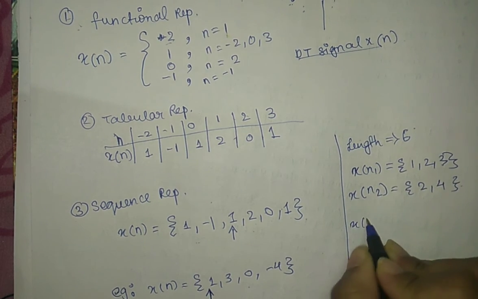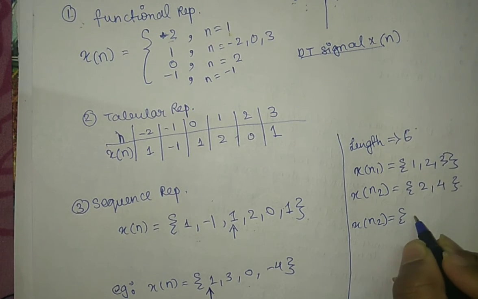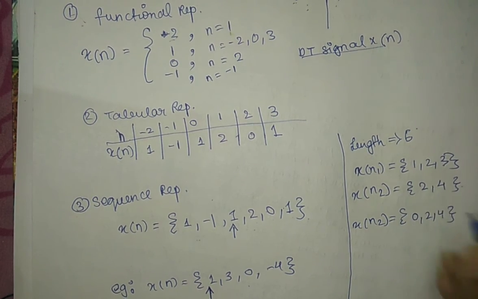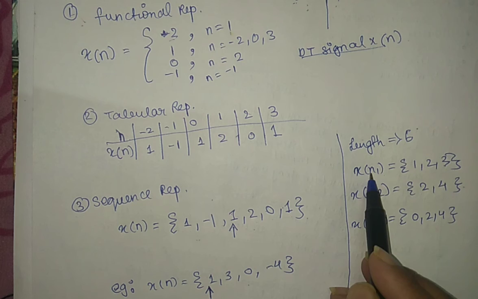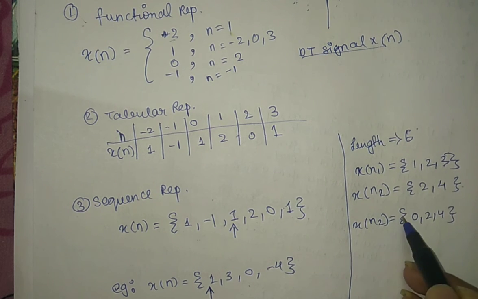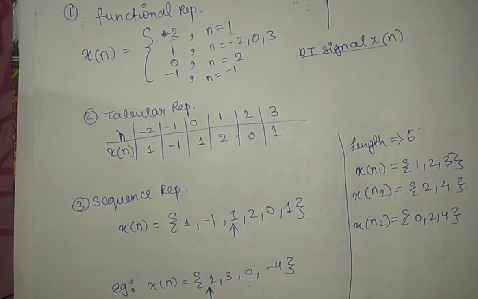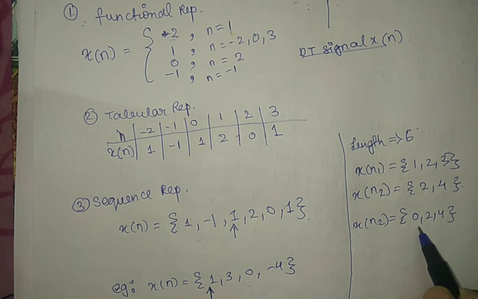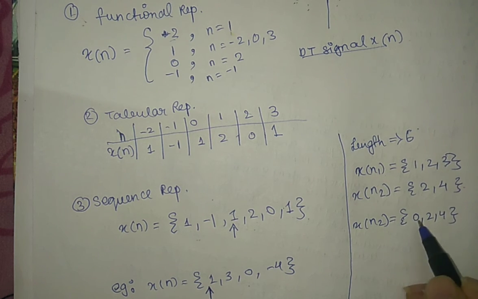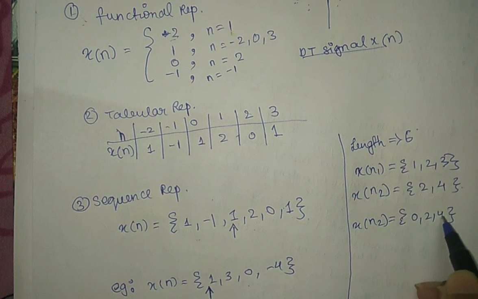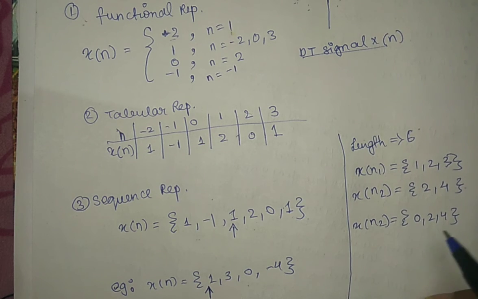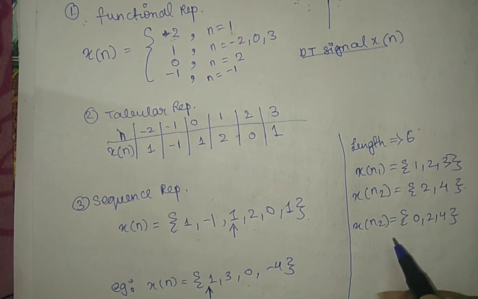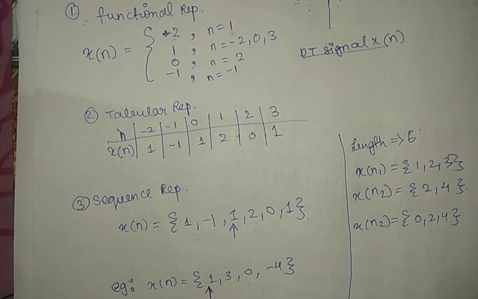So x of n2 can also be written as 0, 2, 4. Now the lengths of x of n1 and x of n2 are equal. Inside the parentheses, when we represent any sample, the numbers written are amplitudes, and not the sample points.